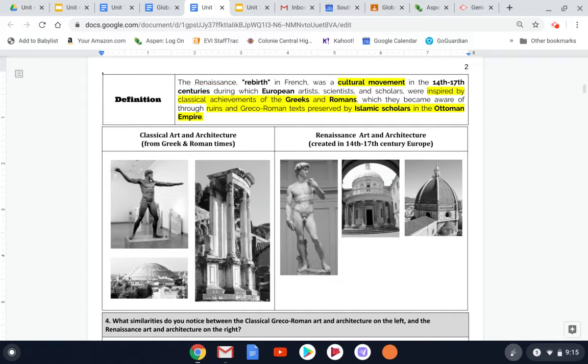The Renaissance, which means rebirth in French, was a cultural movement in the 14th to 17th centuries during which European artists, scientists, and scholars were inspired by classical achievements of the Greeks and Romans. Remember from the last page, the Greeks were the foundation of the collective learning that happened in all those civilizations in the Mediterranean era, which they became aware of through ruins and Greco-Roman texts that were preserved by Islamic scholars in the Ottoman Empire.